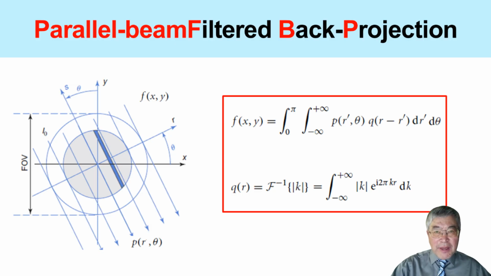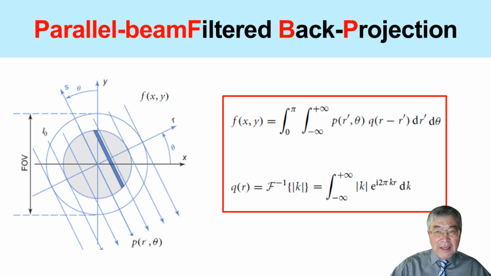Based on the Fourier slice theorem, each parallel beam projection gives us one radial line in the Fourier domain. So if we collect many projections over 180 degrees, we obtain many radial lines. Together, these lines form a star-like pattern in Fourier space.